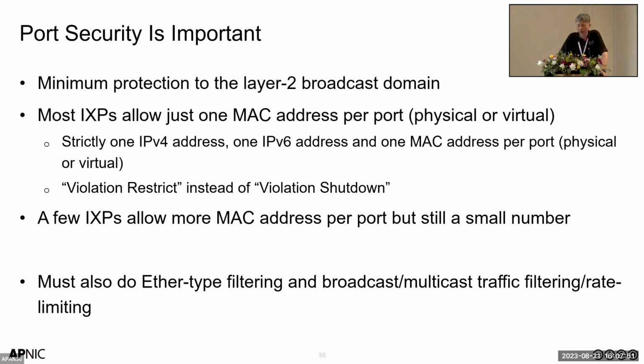I would recommend 1 MAC address per port, meaning that people can only send traffic with 1 source MAC address. If they send traffic with another MAC address, you should filter the traffic. When you see traffic from other MAC addresses, you should not shut down the port. In fact, you just restrict, filter the traffic. Otherwise, you will run into a lot of operational issues.